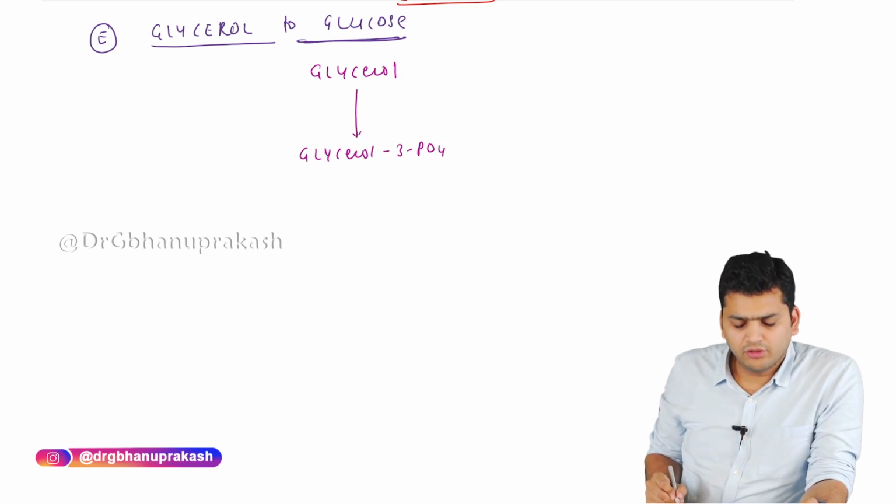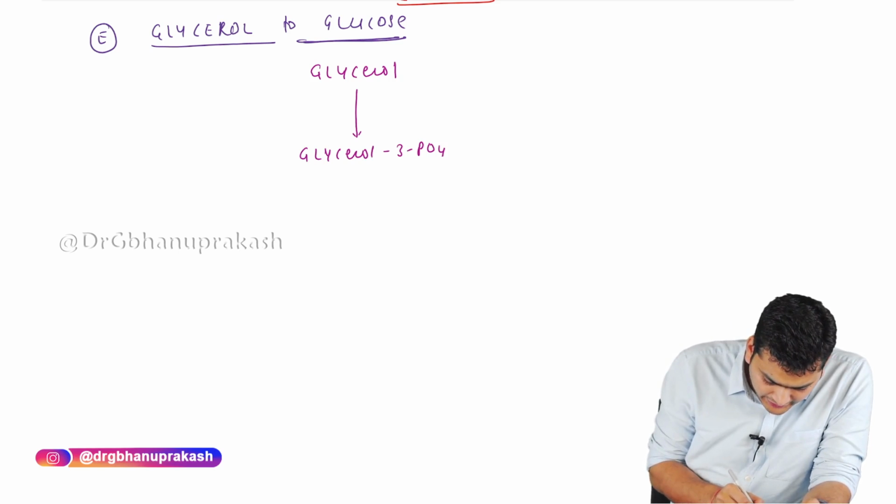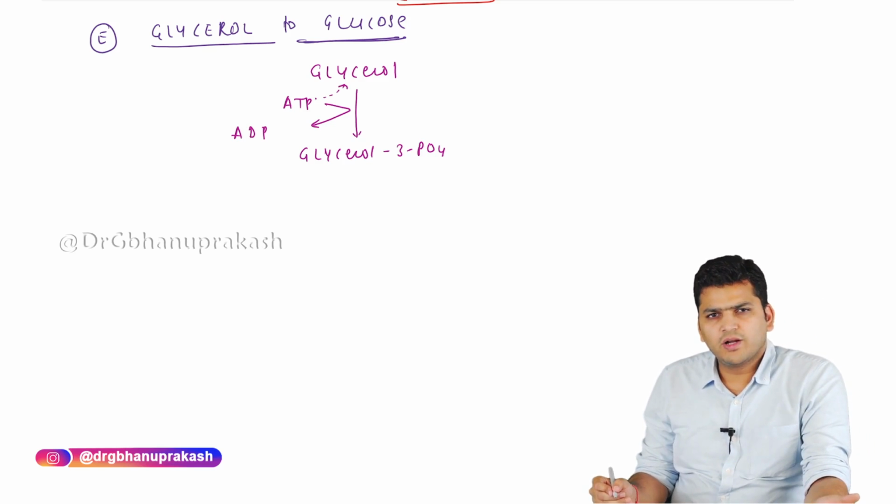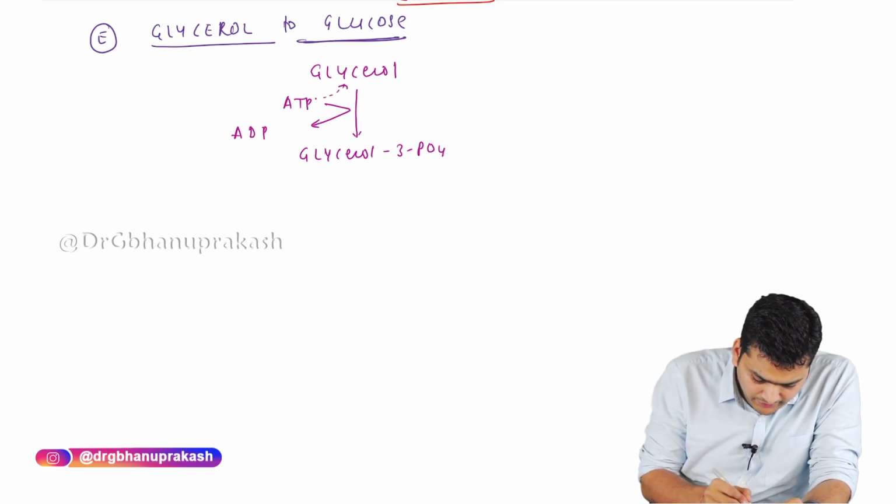And how will it convert into glycerol 3-phosphate? We will bring ATP into the picture, convert it into ADP, and transfer the phosphate onto the third carbon of the glycerol. Because we are transferring the phosphate, the name of the enzyme is going to be glycerol kinase.